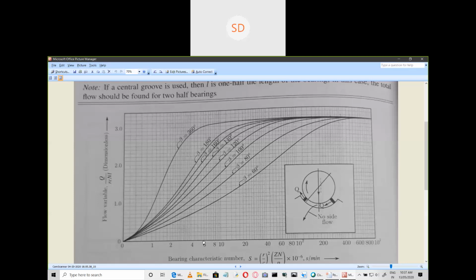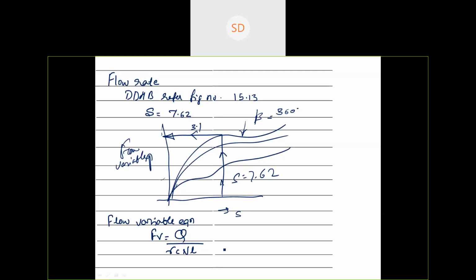Q equals flow variable into R into C into N into L. Now let us substitute. Flow variable is 3.1, R is 13.5, C is 0.0135, N is 1000, L is how much? It is 31.5.